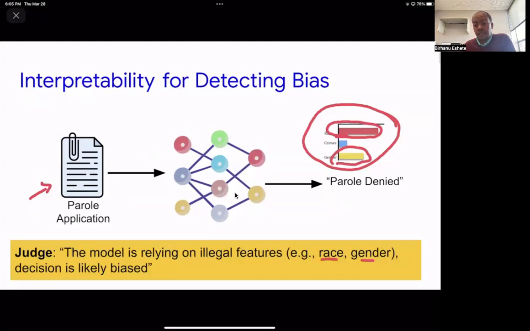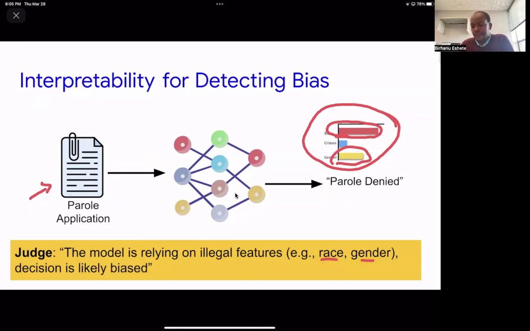And normally, these are what we call protected classes, at least in the sense of United States laws, where no decision should be made based on demographic attributes such as race, gender, and other protected classes. So the judge, if the judge is a rational judge who wouldn't blindly rely on the model, would say, okay, it looks like the model is looking at the wrong features, not only wrong but also illegal features.